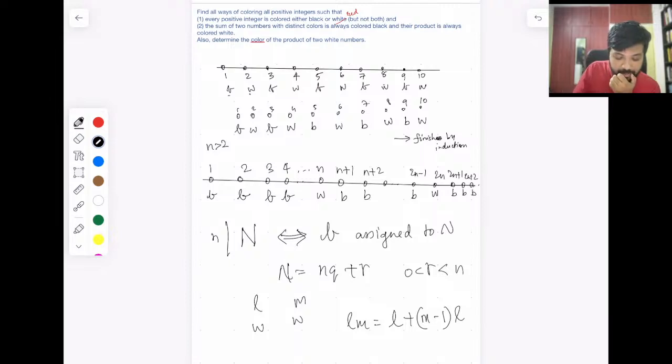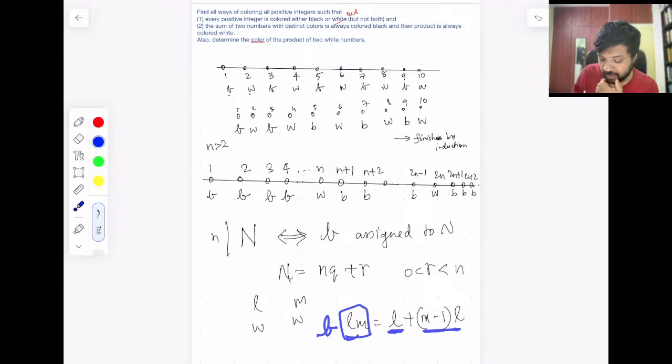How does this help? So LM, suppose it was not white, supposing it was black, and L is anyway known to be white, then if this is it, there's no contradiction. White plus white can be anything. We want to prove it's white though. I don't know how it's helping.